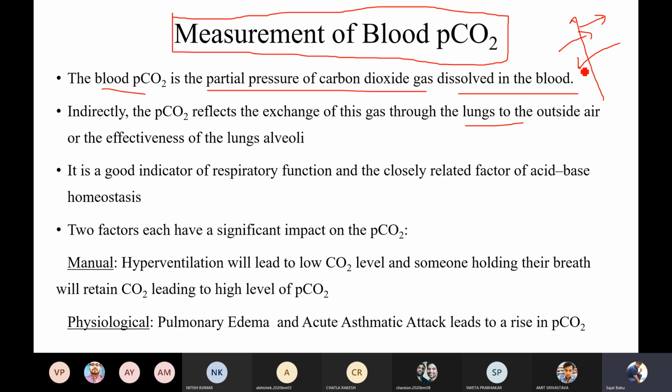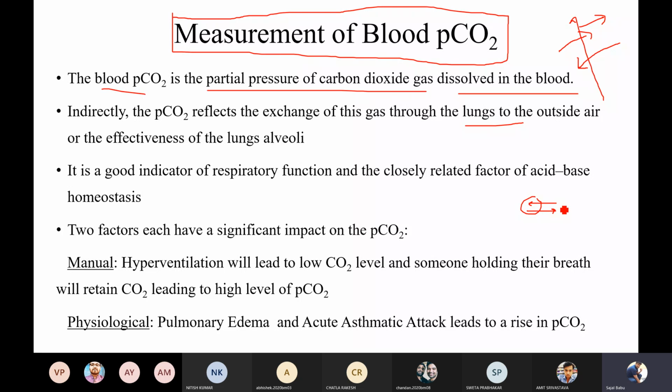So if there is any variation in the PCO2, it will directly represent that your gas exchange from lungs to outside air has some problem, and it will directly represent the effectiveness of your alveoli, right? You know that in the lungs there is a smallest unit known as alveoli, where the carbon dioxide in the blood goes into the alveoli and the oxygen in the alveoli gets into the blood.